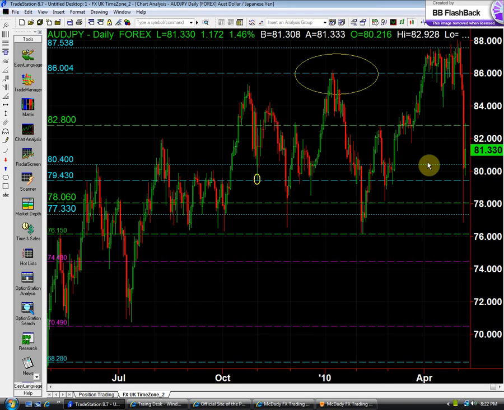So this is our structure point right there, which is this one here. And so I think this is the closest sell signal we have, a trade below 80.40.